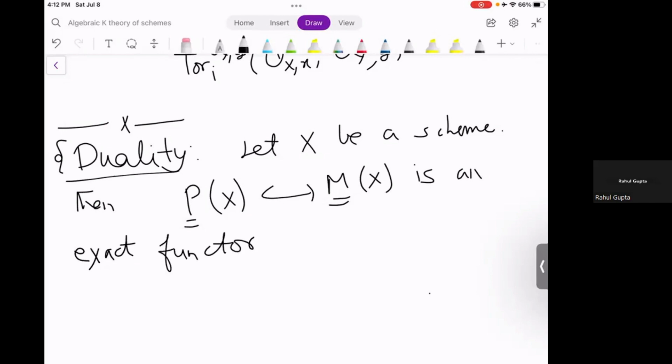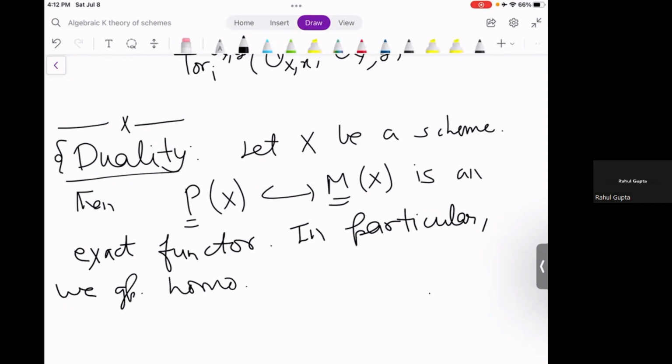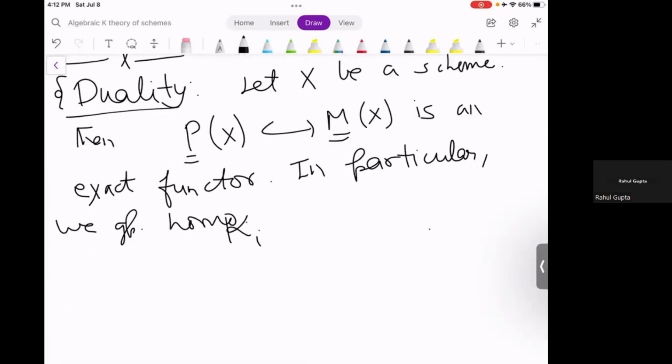So locally free O_X modules are obviously coherent O_X modules. We have group morphisms, an actual group morphism from K groups of X to G groups of X.